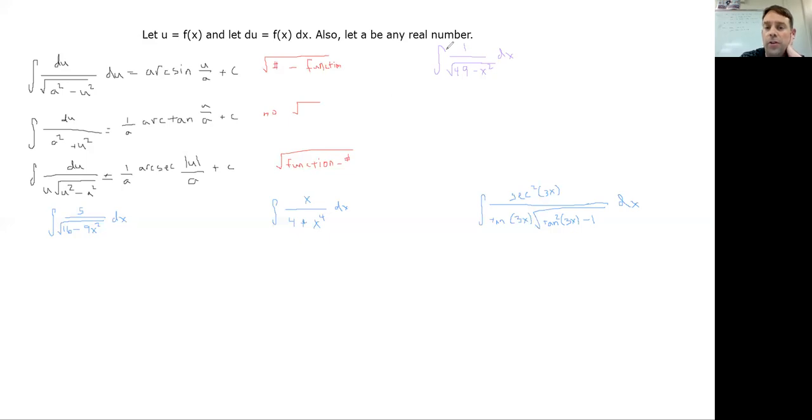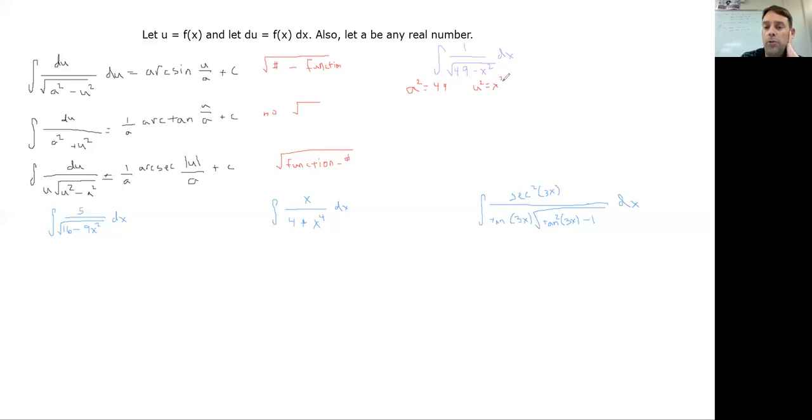One of the things that usually helps out is to just try to figure out how to balance up the equation. So always take the number and make it equal to a squared. Always take whatever the function is underneath the radical and make that equal to u squared.